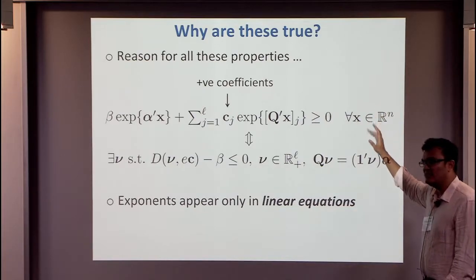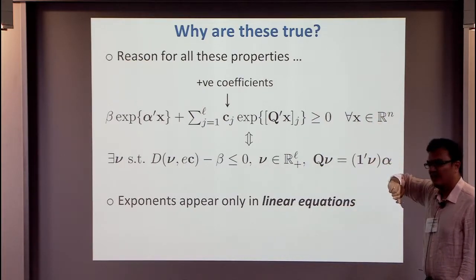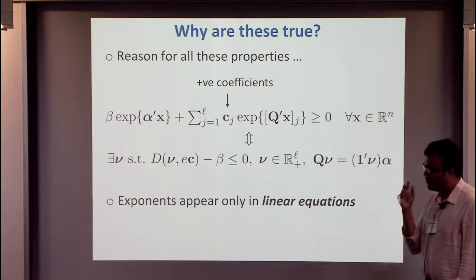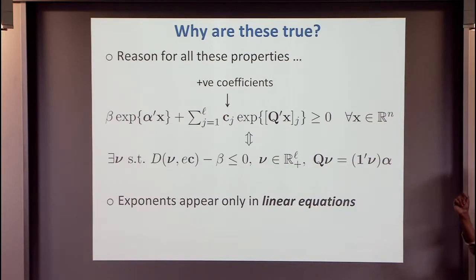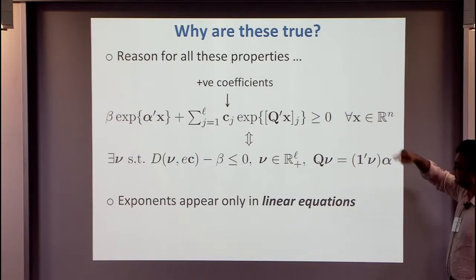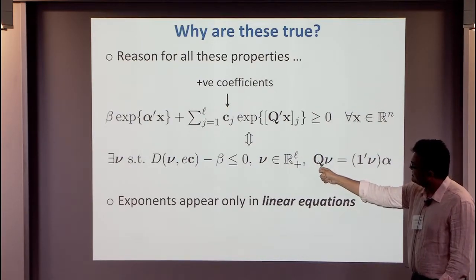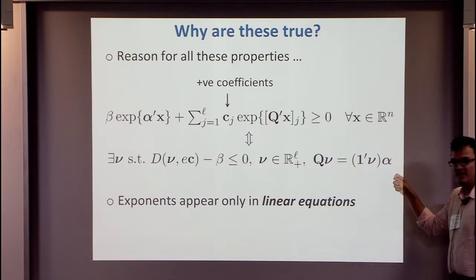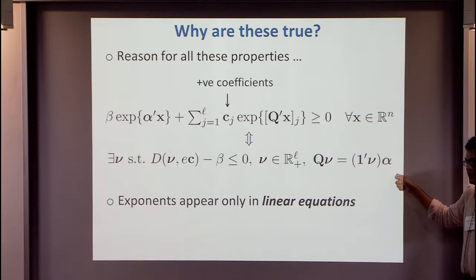The reason for all these properties, invariance under the application of a non-singular transformation of all the exponents, robustness with respect to perturbations of the exponents, and so forth, all really can be seen when you go back to the basic certificate that we employed right at the beginning for signomials with at most one negative term. The exponents, if you think about it in the original signomial, appear as just linear equations.